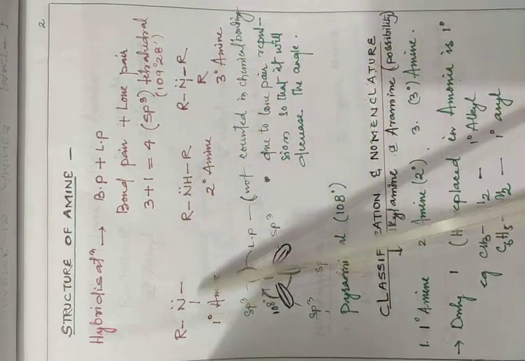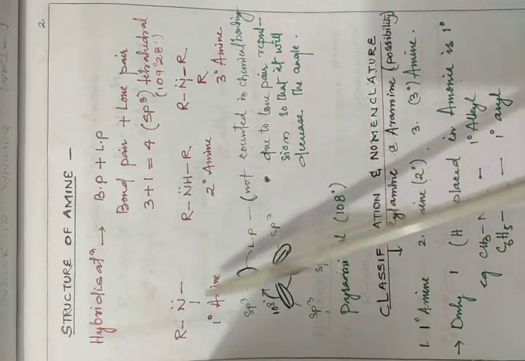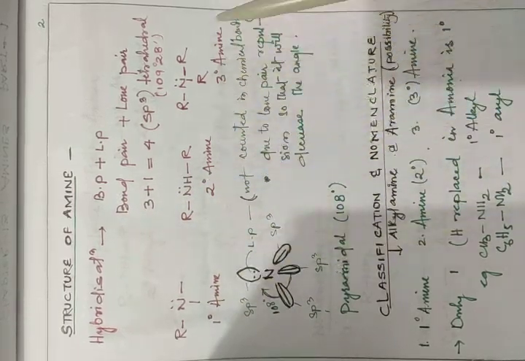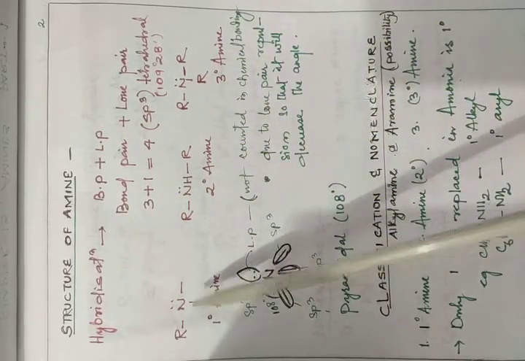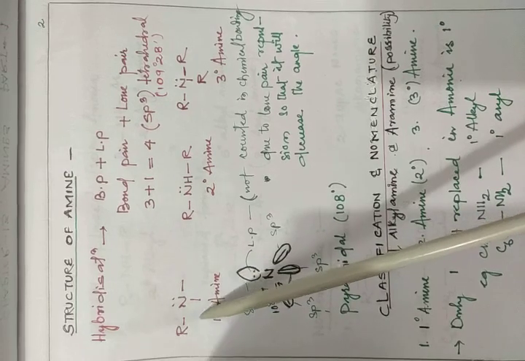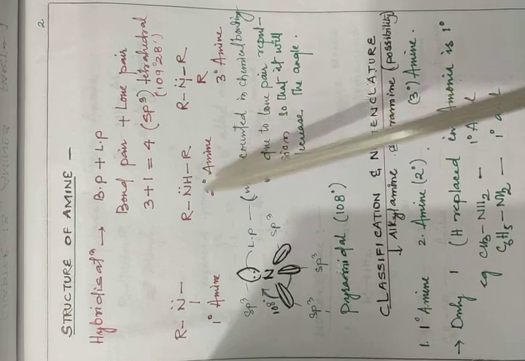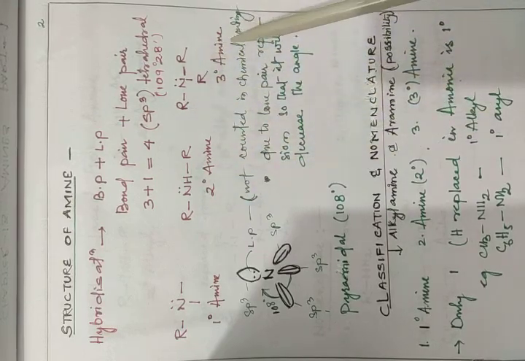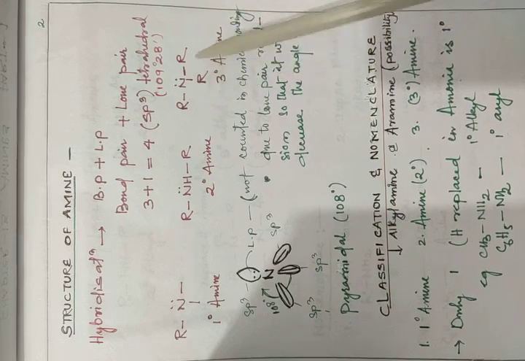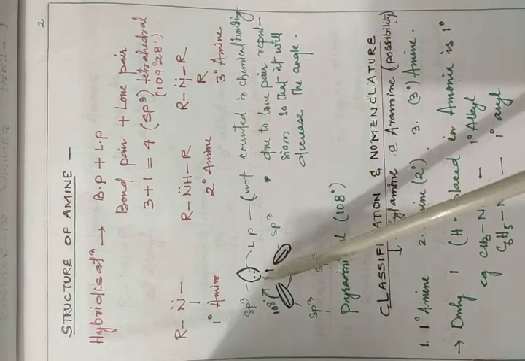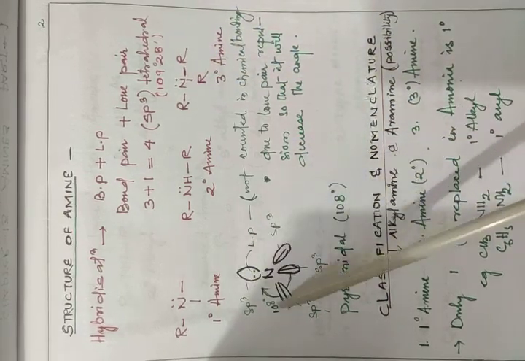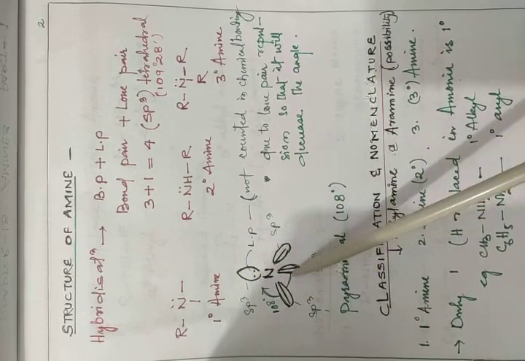Here we have primary, secondary, tertiary, as we already know. In primary, secondary and tertiary, all have 3 bond pairs along with a lone pair. Now this is the structure of the hybridized amine.